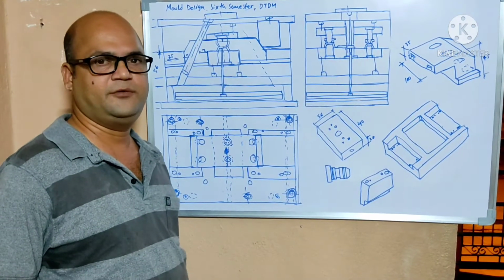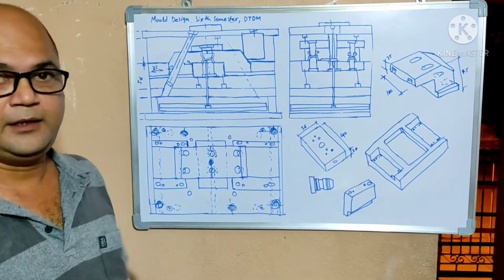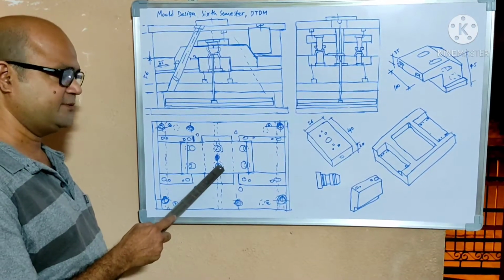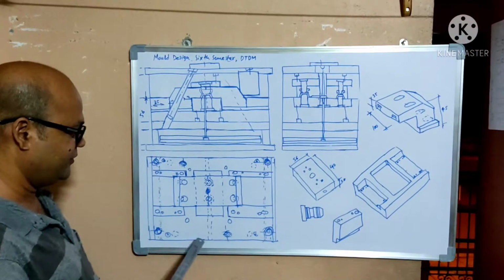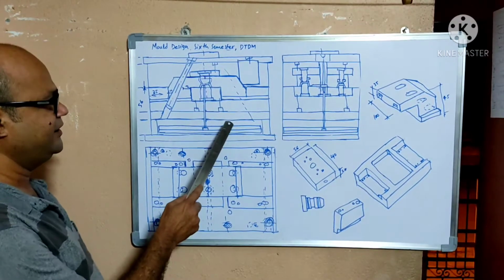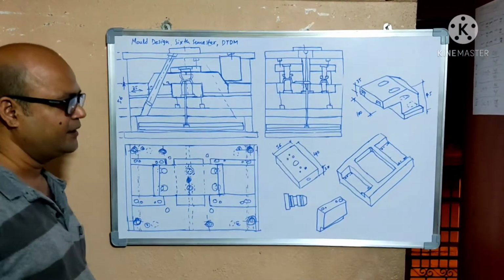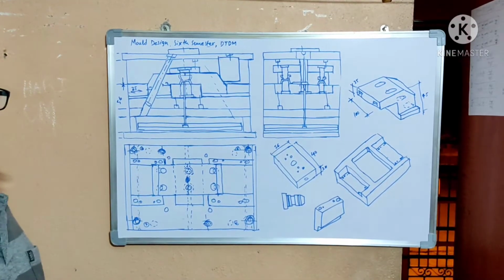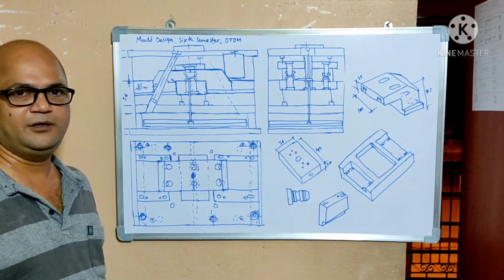Okay. In continuation with the split cavity mold, you are observing here the top view of the split cavity mold, the front view of the tool and the side view of the tool. Here first I want to introduce, as you already know, the elements of the split cavity mold.